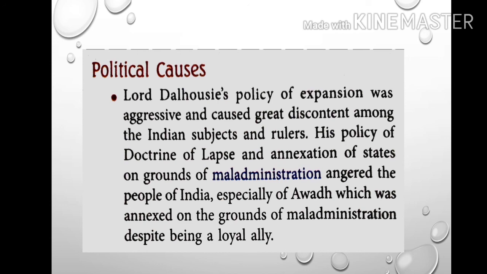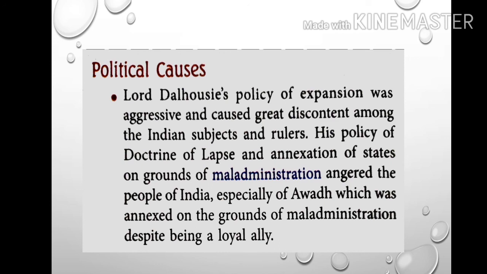English people took various steps to annex the different states of India. Lord Dalhousie's policy was very aggressive, meaning he was very fast in controlling the Indian land. His doctrine of lapse and annexation of states. Actually, he annexed Awadh on the ground of maladministration.